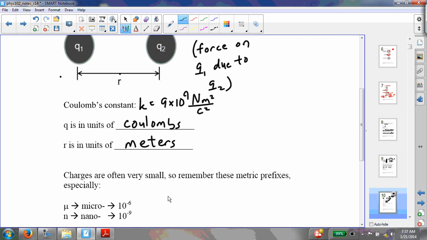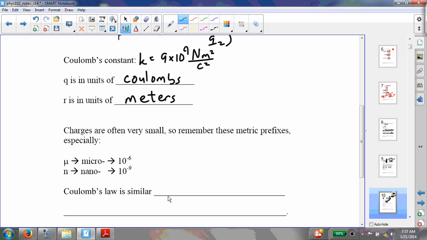Remember, these charges are often very small, so I just want you to remember these metric prefixes especially. Now don't forget, you are responsible for all the metric prefixes that we had before, but we'll use these quite a bit, so I just want to remind you of these. Micro and nano. Micro is 10 to the minus 6, nano is 10 to the minus 9. I also want to remind you that you are responsible for centi, milli, micro, nano, and we might see pico.